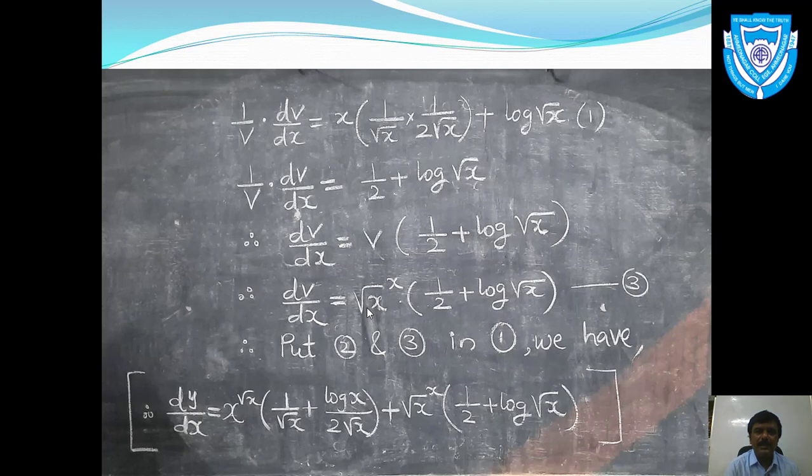So at last, we can directly write the value of dy upon dx as x raised to root x into the bracket 1 upon root x plus log x upon 2 root x plus root x raised to x into another bracket 1 upon 2 plus log of root x. This is the correct and final answer. By adding equations 2 and 3, we got the value of dy upon dx. We got the desired or required answer.